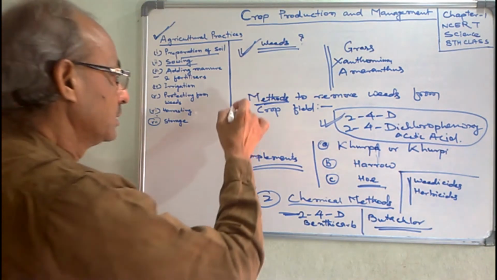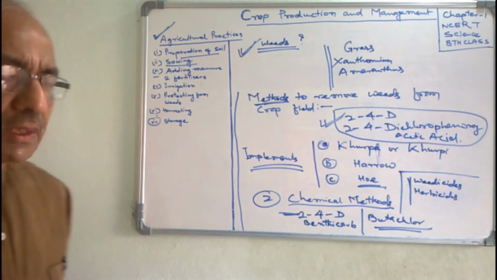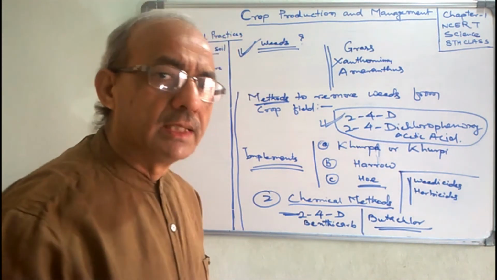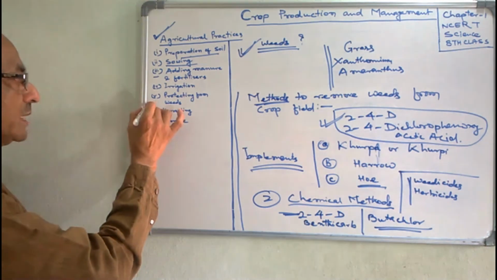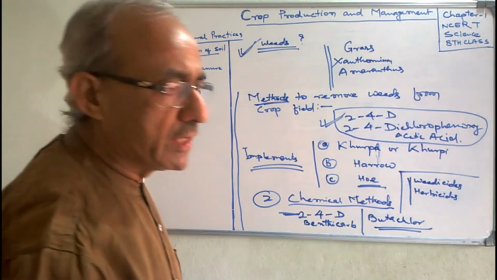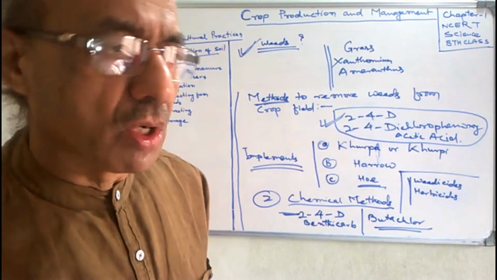So the farmers use physical and chemical methods to kill or remove them. In this way, we completed this fifth step, which is quite essential for the proper development of the crop plants.